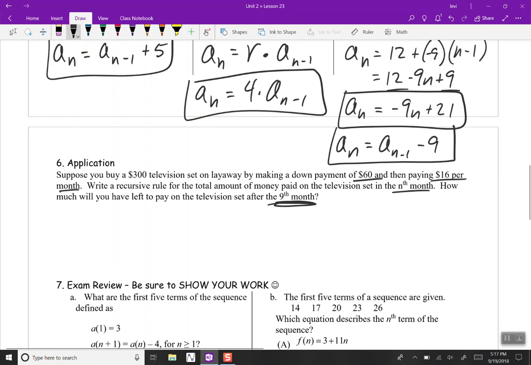I don't know if this is a recursive problem or not. This is like y equals 16m for months, per month, plus 60, and we want to know when that's going to be 300.